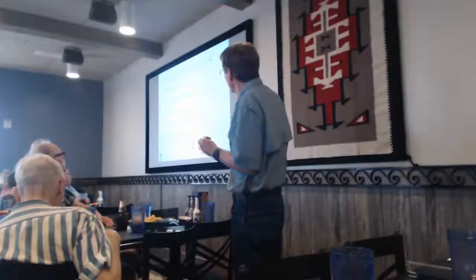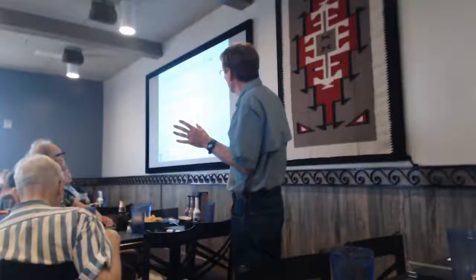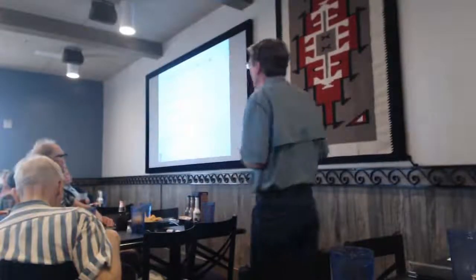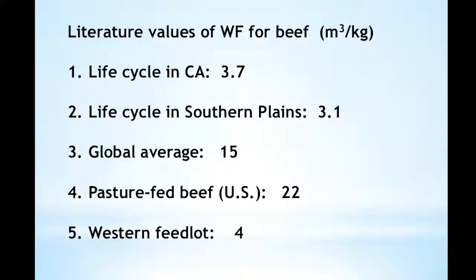And this is irrigation only, no rainfall. And they made some assumptions that don't apply. Life cycle in the Southern Plains. This included Oklahoma, Texas, and Kansas. 3.1. And this was life cycle, but it's really concentrated on the feedlot part. So it wasn't really a good life cycle.